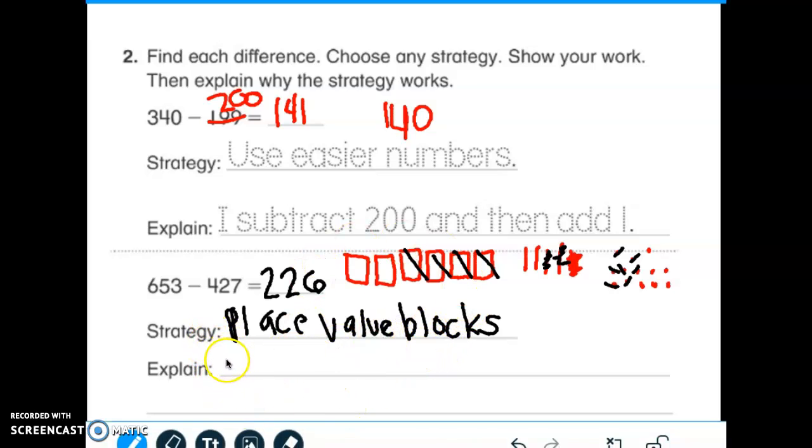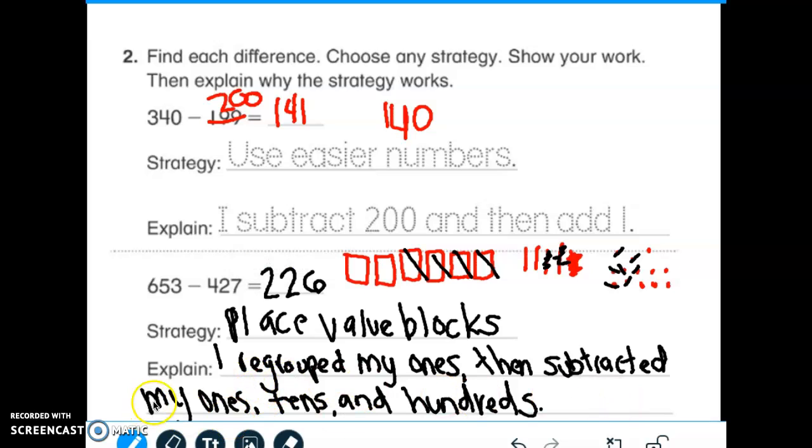So first, I'm going to write this out first, or I'll explain it and then I'll write it out. But the first thing I did is I took 653. I had to regroup the tens, and regroup the ones. Then I can subtract my tens and subtract my hundreds. So I will pause and write that down.